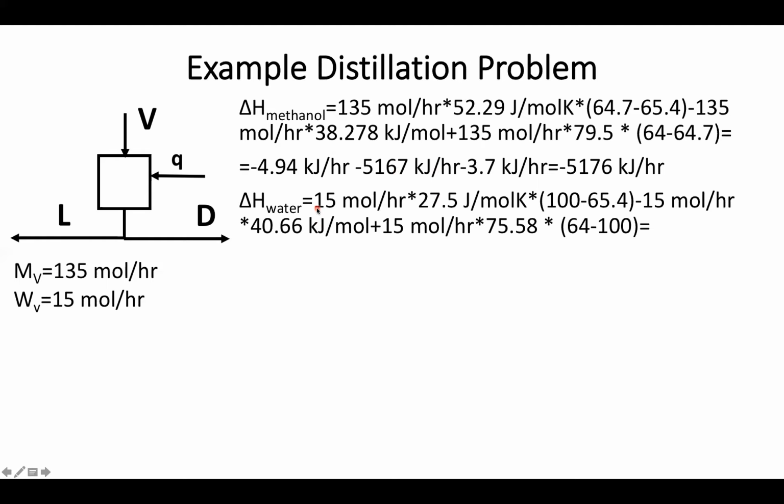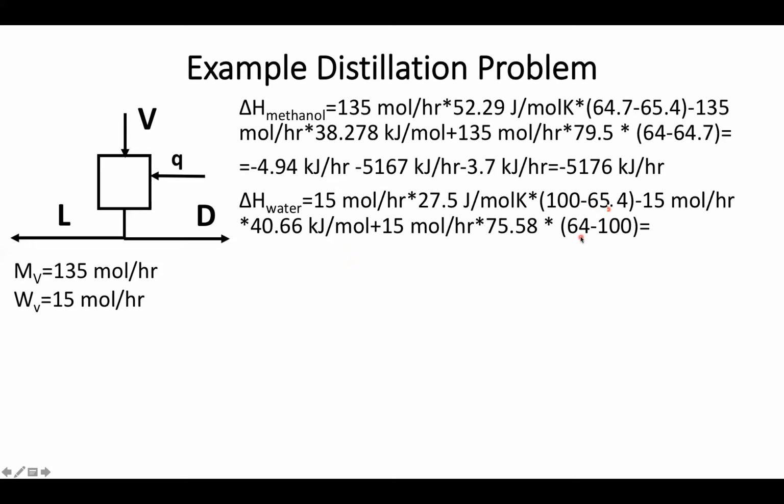In this case, I have much less water, only 15 moles per hour, and I'm also going to need to figure out how much it cools. But one thing to watch out for is that my enthalpy of vaporization is given at the boiling point. So I have to figure out how much energy it would effectively take to heat the water up to 100, condense, and then cool it back down to 64.